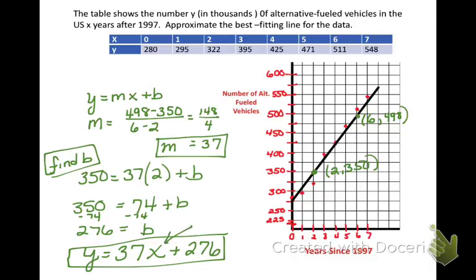So you're going to plug in 13 in place of the X and calculate that. And I get in the year 2010 there would be approximately 757,000, make sure you put that thousand on there, alternative fueled vehicles. So we will look at how to find the equation of a line of best fit using linear regression on the calculator shortly.